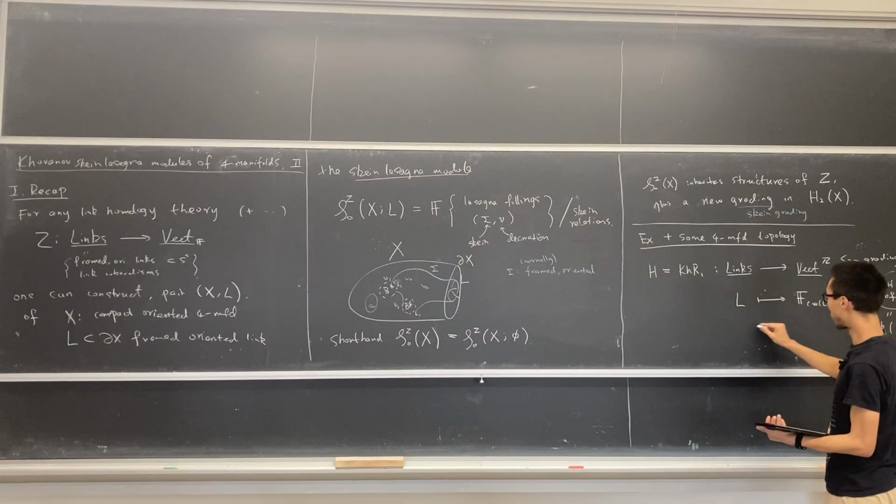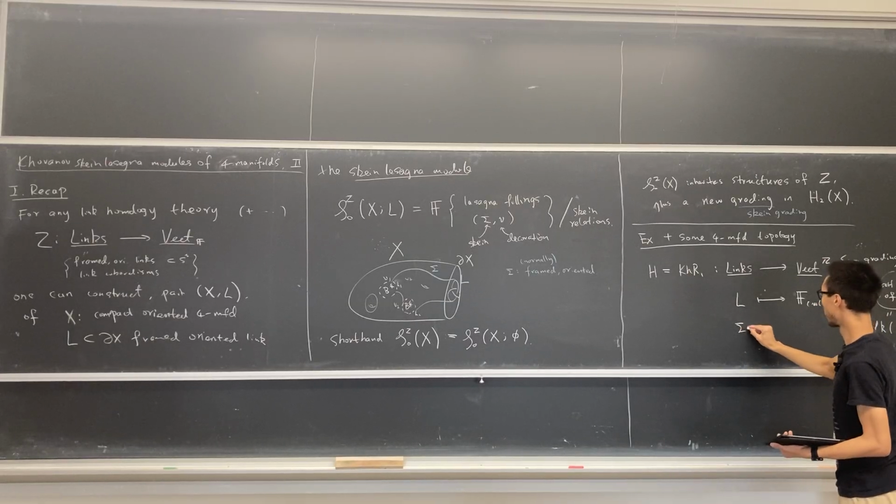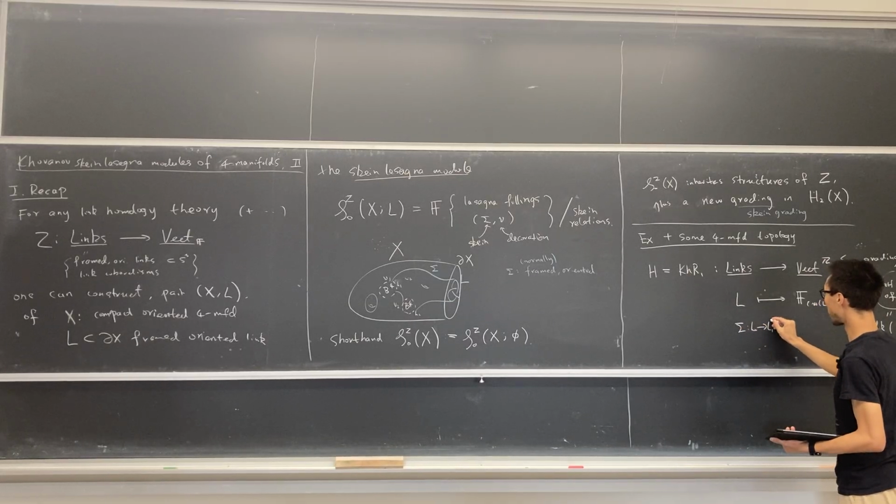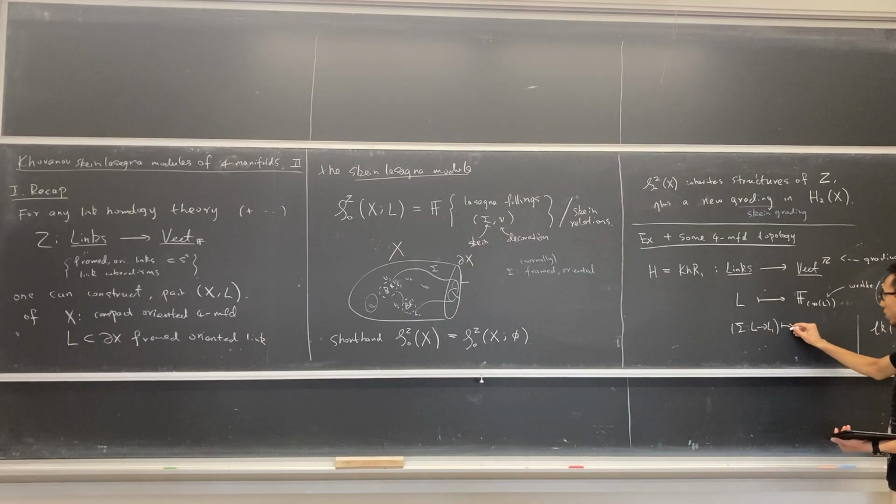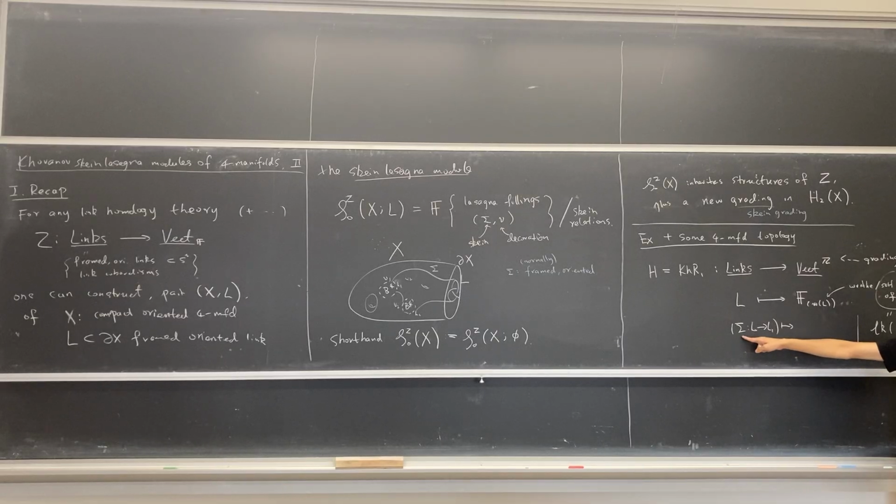And for every cobordism between two framed links L0 and L1, you can check that if there's any framed cobordism between two framed links, then it must preserve the self-intersection number, or the writhe. So the domain and target are actually one-dimensional vector spaces concentrated in the same grading. It still makes sense to say I'm sending any cobordism to the identity map.